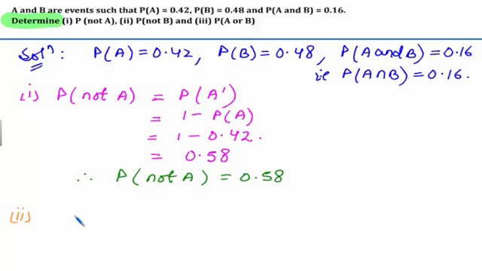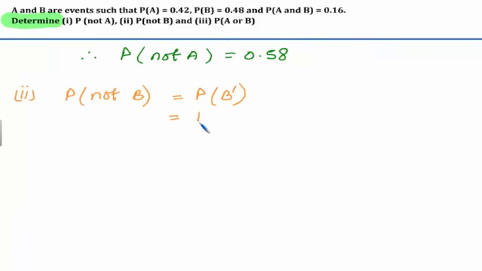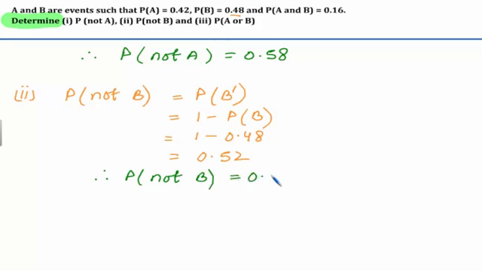In the second part, we have to find the probability of not B. And this is equal to 1 minus probability of B. And probability of B is equal to 0.48. So we have 1 minus 0.48, which is equal to 0.52. Therefore, probability of not B is equal to 0.52.